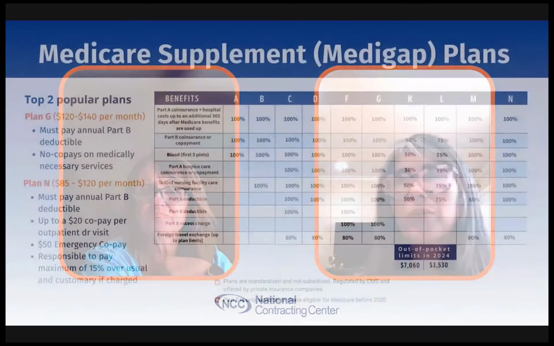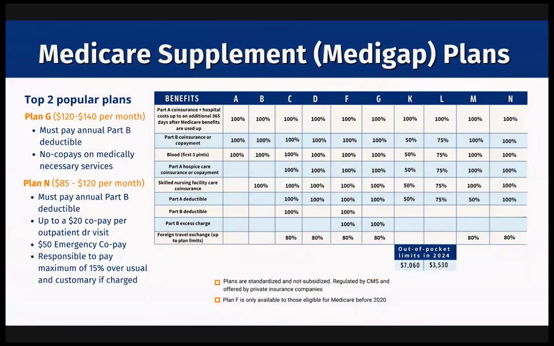And they're standardized plans, so it doesn't matter if you go to AARP, if you go to Blue Cross and Blue Shield and pick up a Medigap, if you go to Physicians Mutual and you pick up a Medigap. A Plan N is a Plan N is a Plan N. A Plan G is a Plan G is a Plan G. All you're doing is just shopping rates. All you're doing is just shopping discounts, household discounts. Sometimes those are available, and we'll search those if you're interested in a Medigap policy.